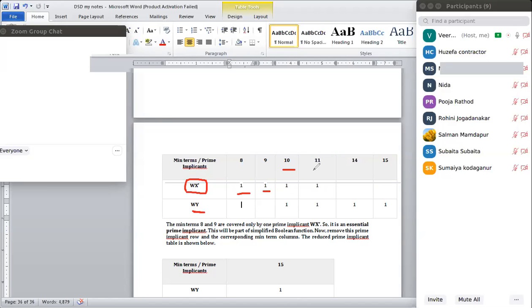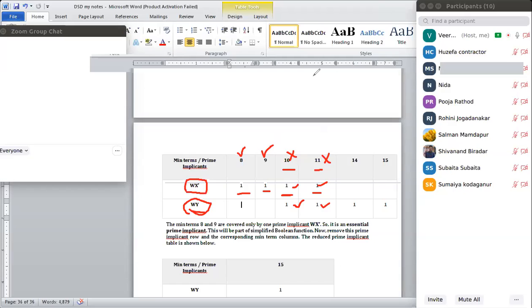But whereas 10 and 11, these two are covered by Wx bar as well as Wy. So these are not essential prime implicants. Only 8 and 9 are essential prime implicants.